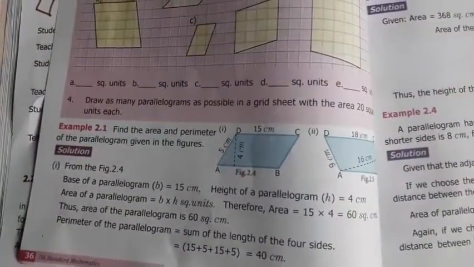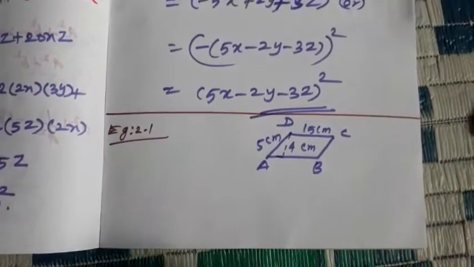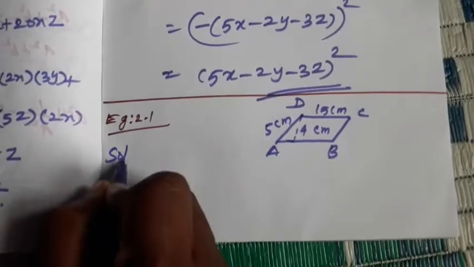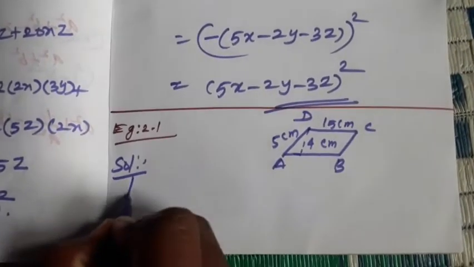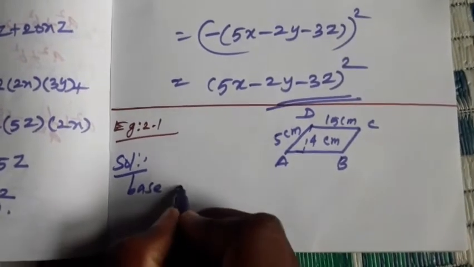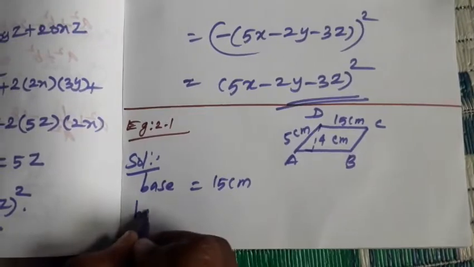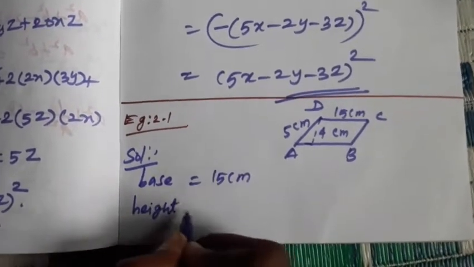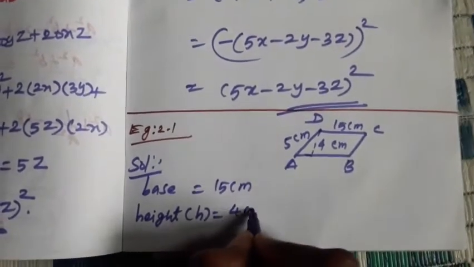So now going to see the solution. This is the given diagram. Take base equal to 15 centimeter. Next, we can denote h equal to height, which is 4 centimeter.